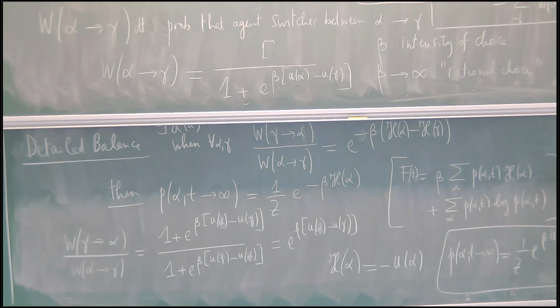And so the limit when beta goes to infinity corresponds to rational choices in the sense that you only make choices that maximize your utility function. All the other choices that have a lower utility will be suppressed in the distribution of your choices.